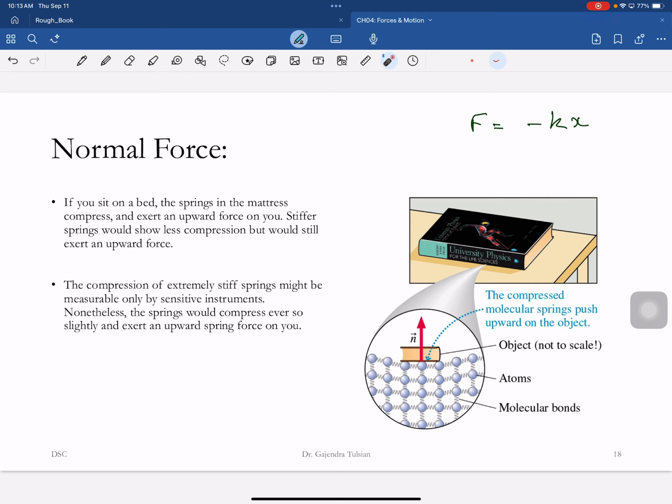That's how kangaroos jump. We'll talk about this in the next chapter. Their tendons will stretch. They store energy in the stretched tendon, and 90% of that is given back in the next chapter.